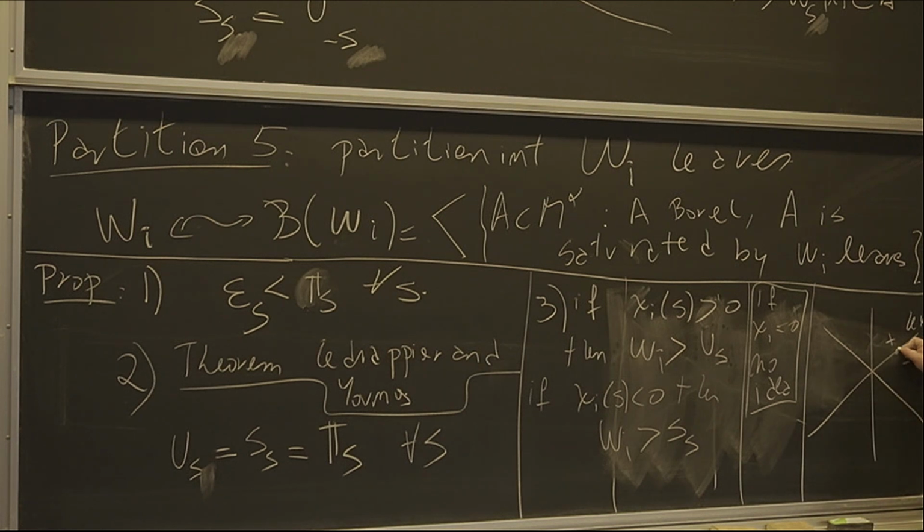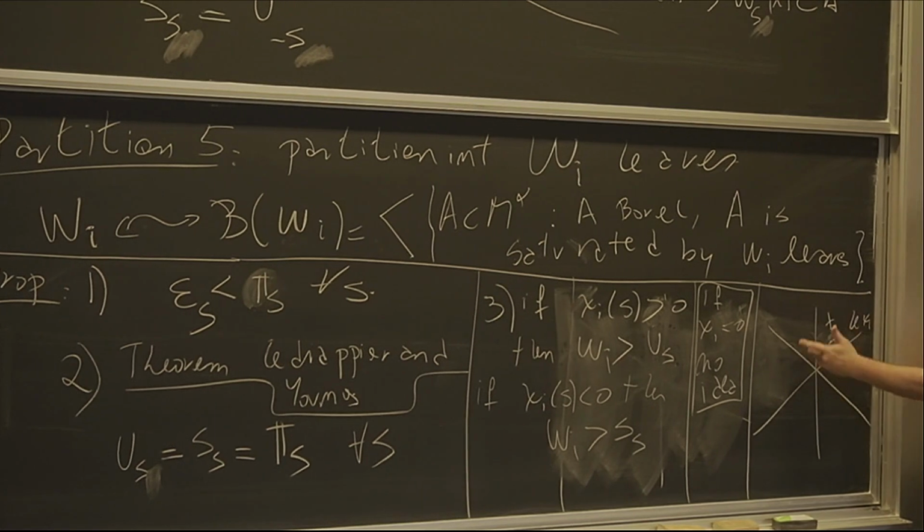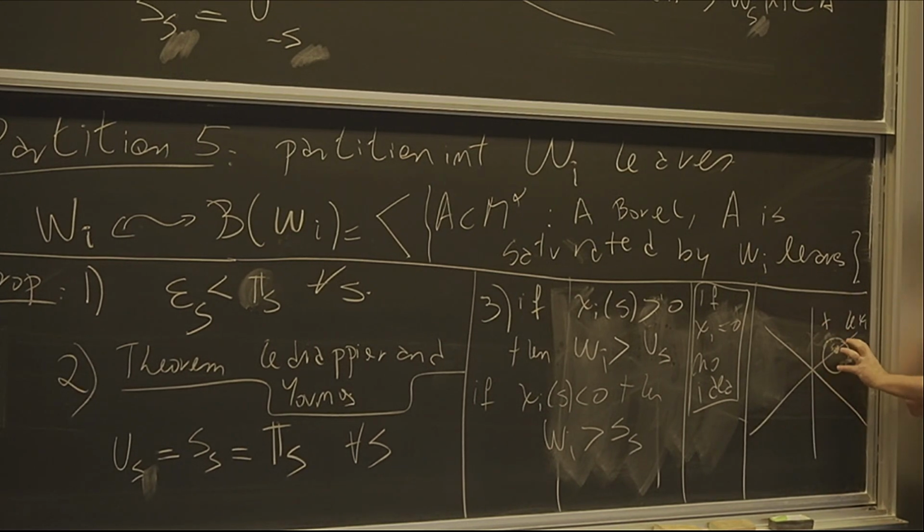Now, what I want to do, and that will be property 4, is pick some S naught and a small neighborhood of S naught that doesn't intersect any of the other kernels. It only intersects this kernel.